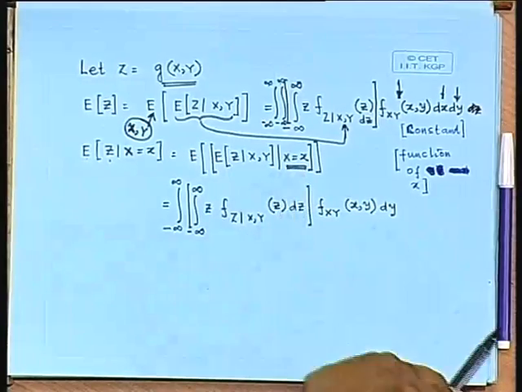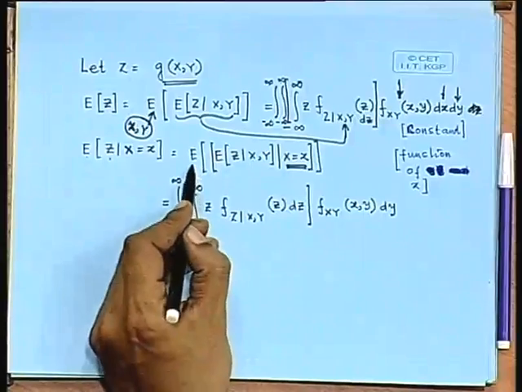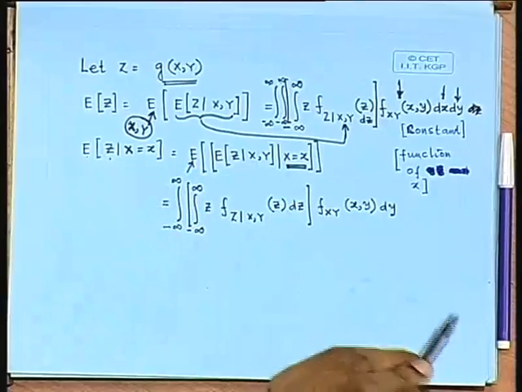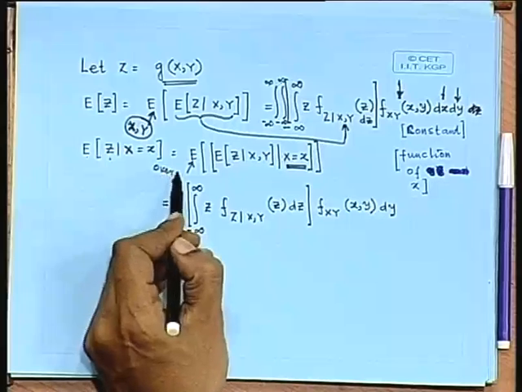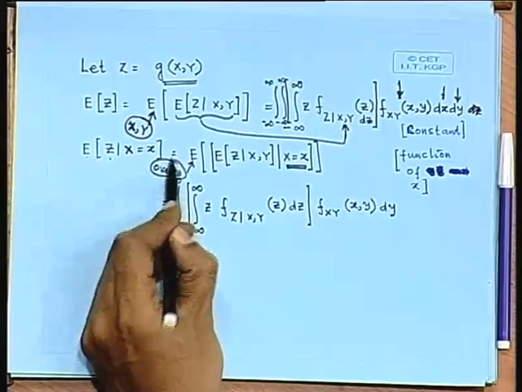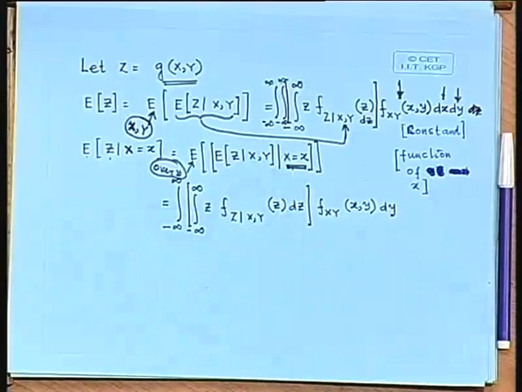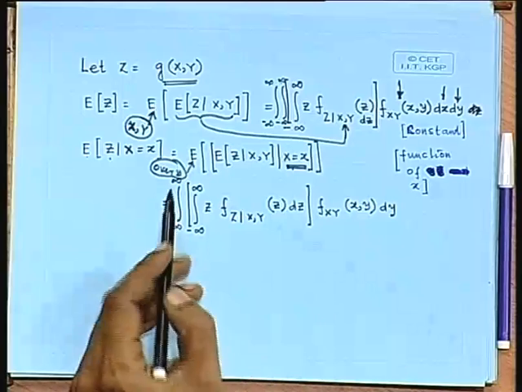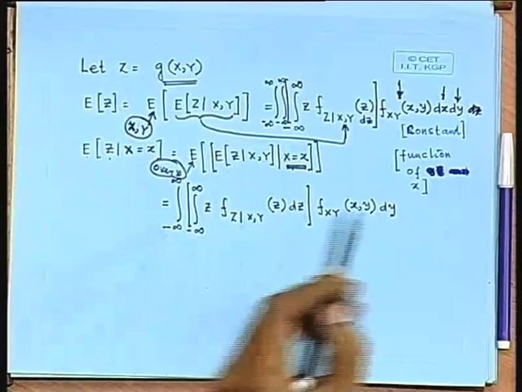Now x is fixed, so we cannot evaluate this integral over x. So this outer expectation must be made over only y, because x is fixed. So when we write it as an integral, we have to write it over y.